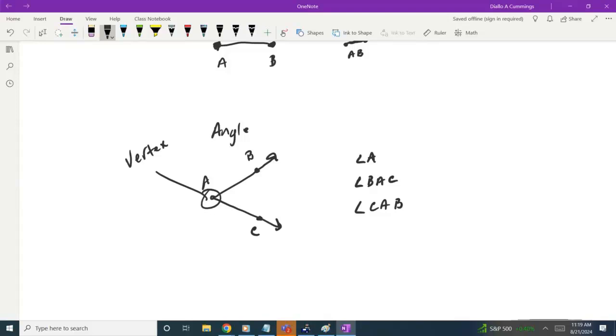So I can describe an angle by its vertex alone, or by all 3 points. If you describe it by all 3 points, that vertex must lie in the center. Okay. Sometimes you may see a number, so I could also call this angle 1.